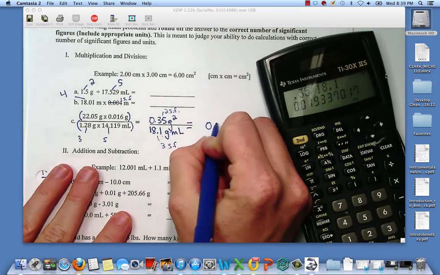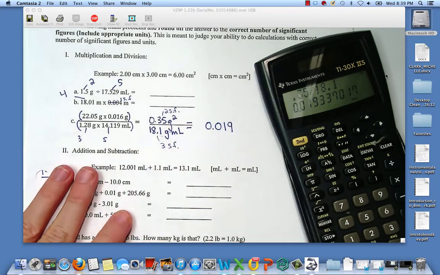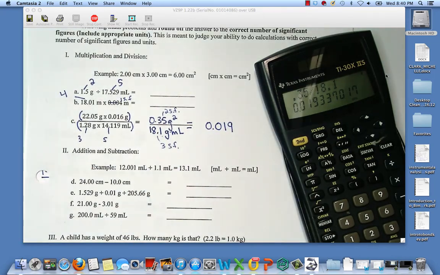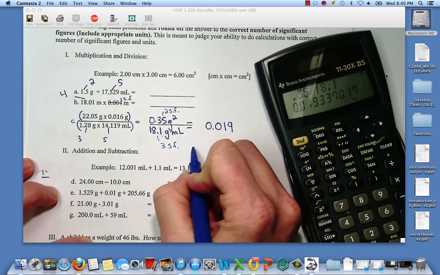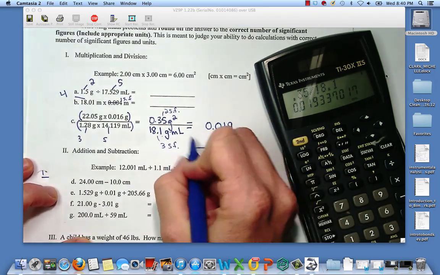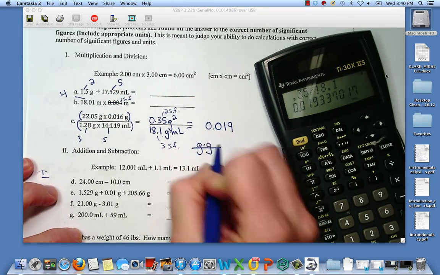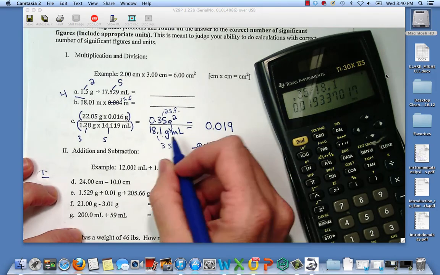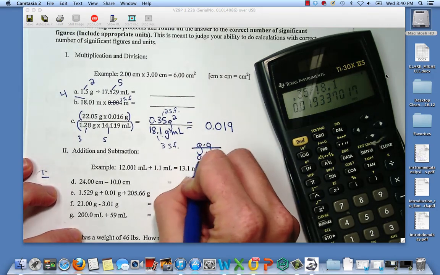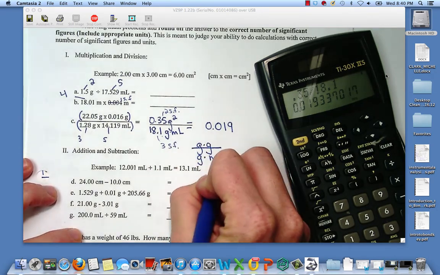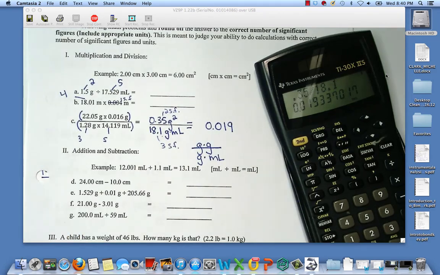And my gosh, what would my units be? It's crazy. Remember, grams squared is really grams times grams, and then you're dividing by gram milliliters. So one of these grams will cancel.